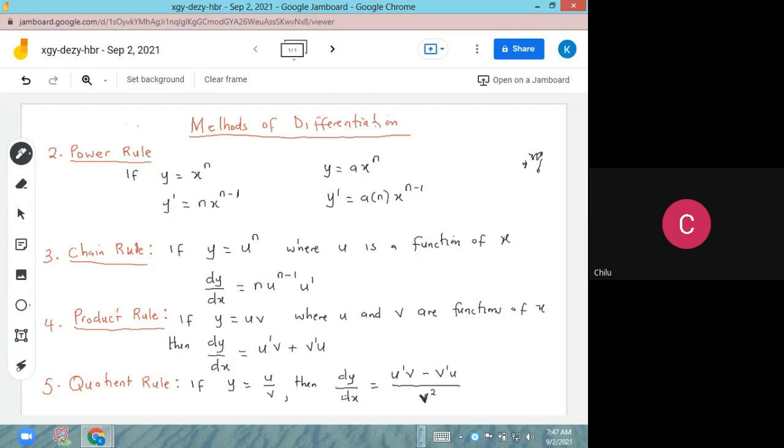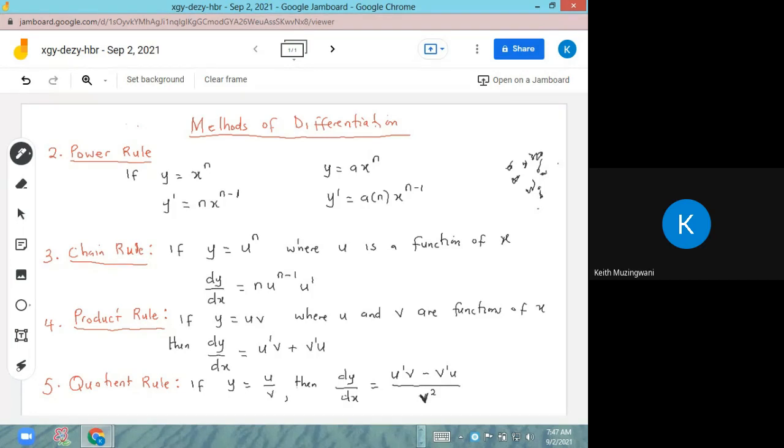Excuse me, sir. I just wanted to find out on the chain rule, the first part where it's saying n u to the power n minus 1, it seems they've found the derivative of that function, and also the u seems to have that prime. Does it mean for u you also need to find the derivative?